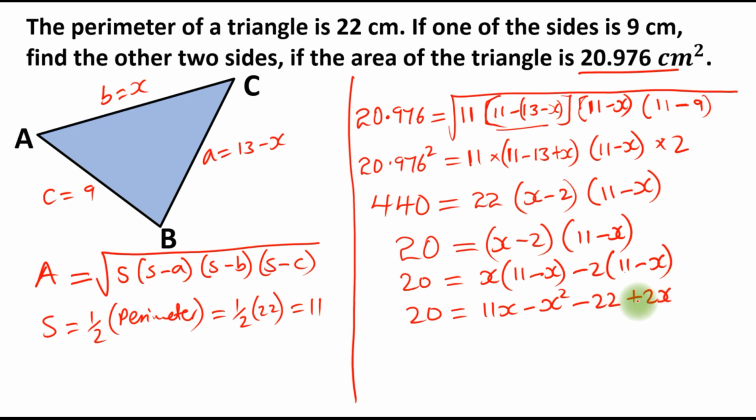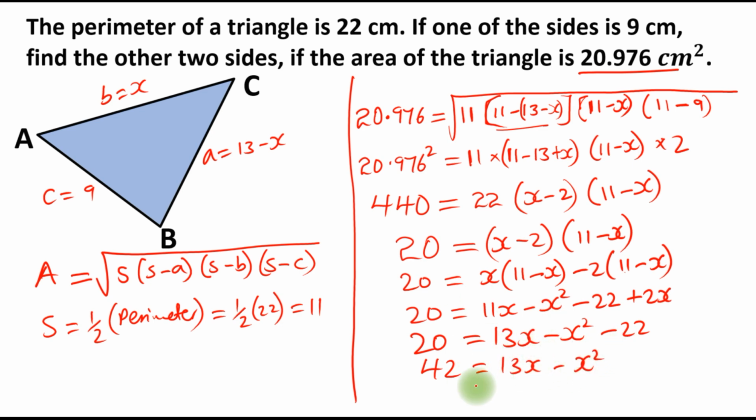Add the like terms, so this will be 20 is equal to 11x plus 2x, that is 13x, then minus x squared, then minus 22. So take minus 22 to the left hand side, 20 plus 22, that is 42, is equal to 13x minus x squared.